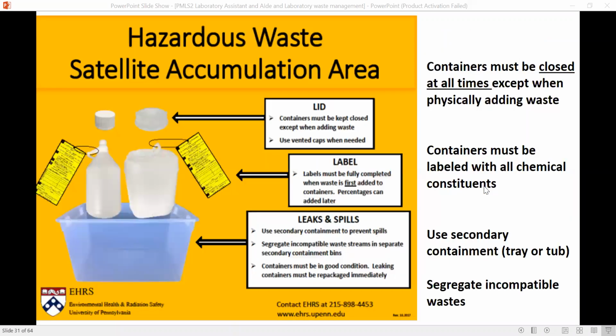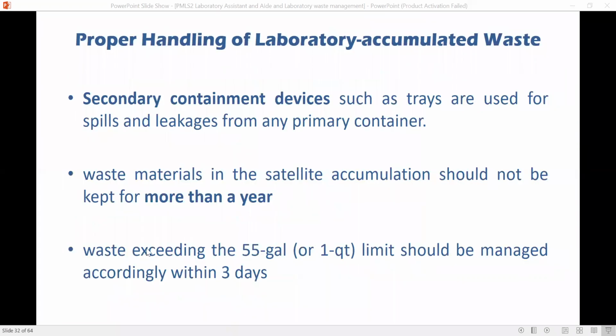Sa satellite accumulation area, importante meron ito yung secondary containment or tub. Pwedeng trays, used for spills and leakages from any primary container.